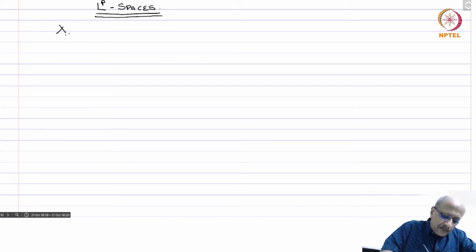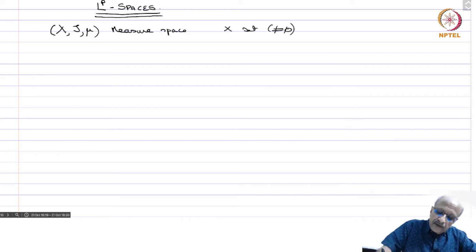So we have a measure space. What does this mean? X is a set, non-empty always, though I may not say it.